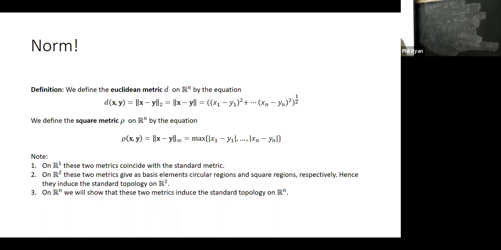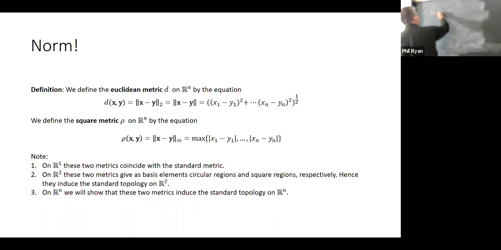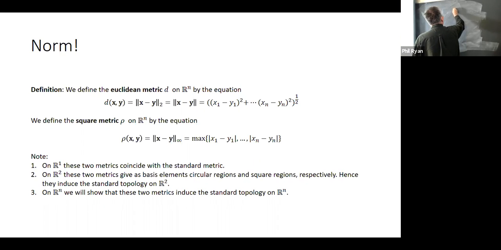The p norm is equal to the summation of the absolute values of xi minus yi to the p, and we take the pth root of that sum. And that gives you a perfectly good norm.